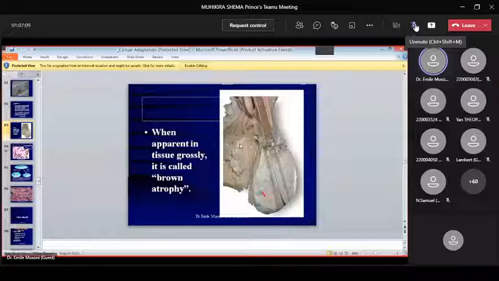Once you understand your pathology correctly, you will not have a problem in clinical practice, because we will have some basis for the clinical manifestation of the disease.